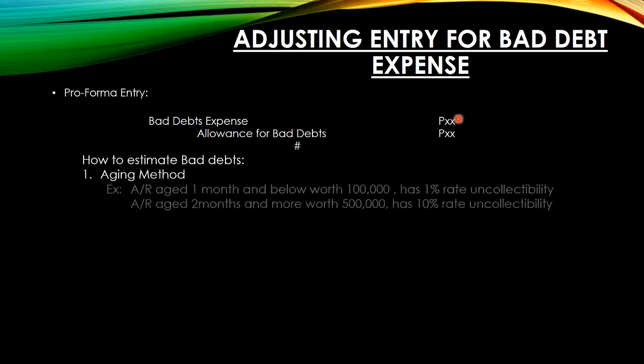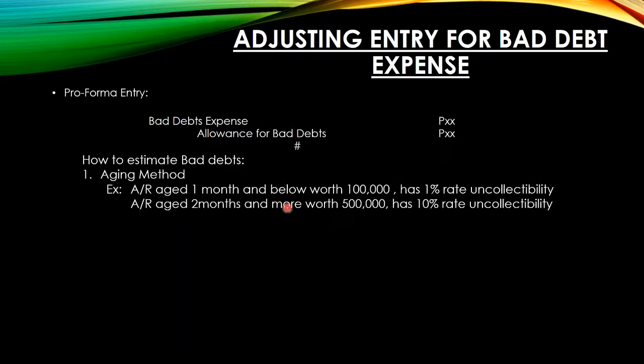Okay? So for example, the company has an account receivable aged 1 month and below. So this is the bracket here, which is worth 100,000 pesos and has a 1% rate of uncollectibility.